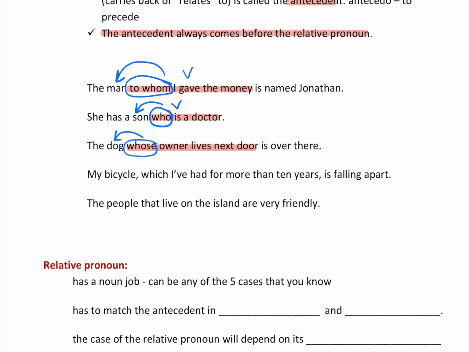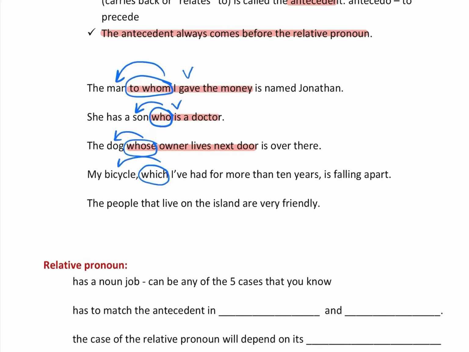All right. My bicycle, which I've had for more than 10 years, is falling apart. This one is pretty easy because we see the which, but do you see how this clause is set off by commas? That will help us a lot too. We're not describing my, which is a possessive pronoun. It can't be the subject, because you couldn't say my I've had for more than 10 years.